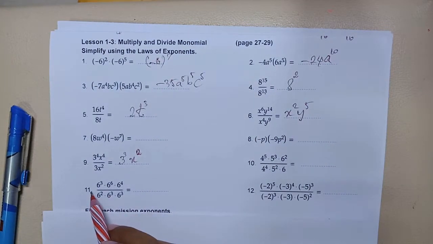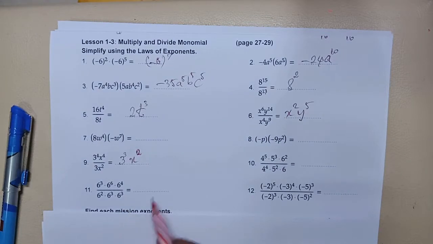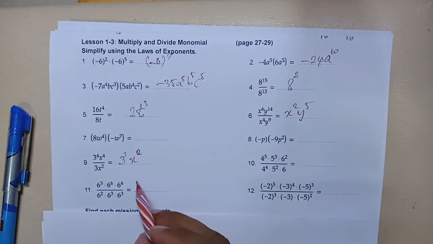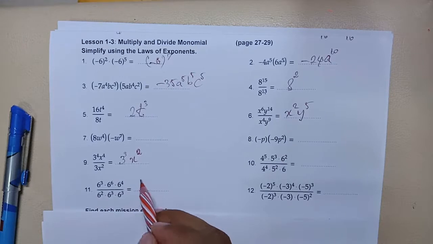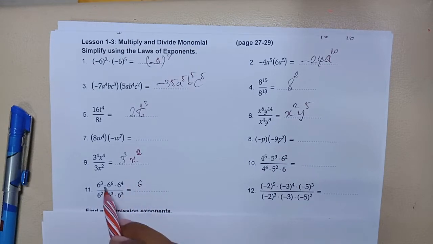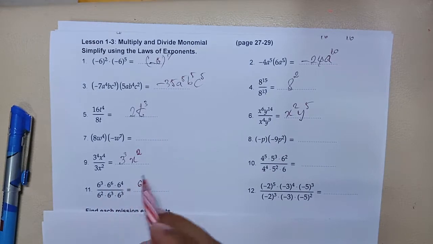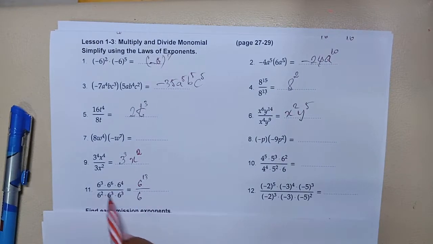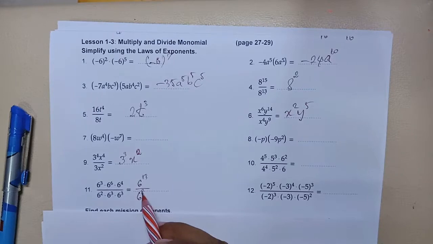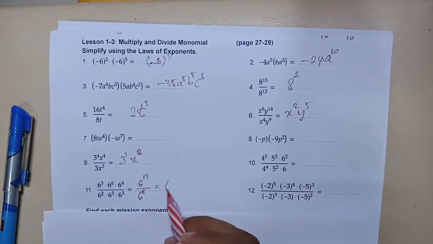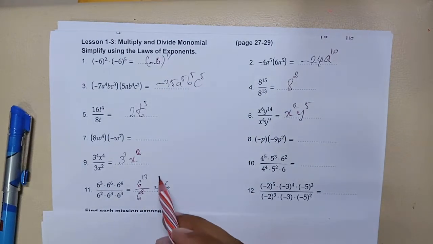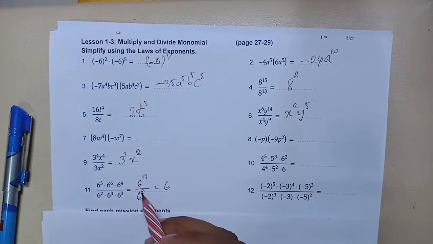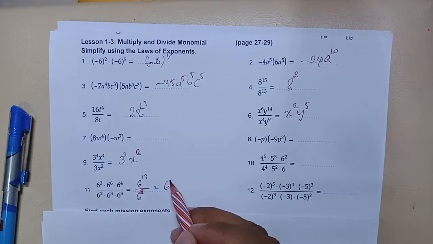Number 11, let me combine them together first. Let me write 6 like this first. You got 13, and 6 here, you got 8. So together, 13 minus 8, you have 5.